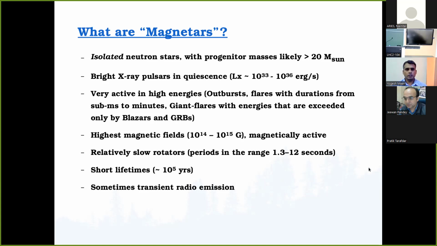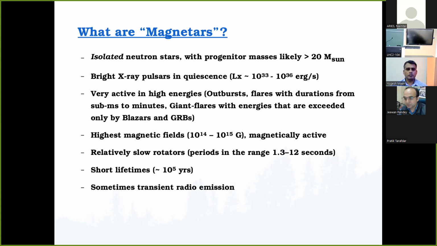They exhibit a number of events like outbursts and flares, durations of which can vary from sub-millisecond to minutes. A few of these objects have also exhibited giant flares. Magnetars exhibit the highest magnetic fields that we observe in the universe, of the order of 10^14 to 10^15 Gauss.